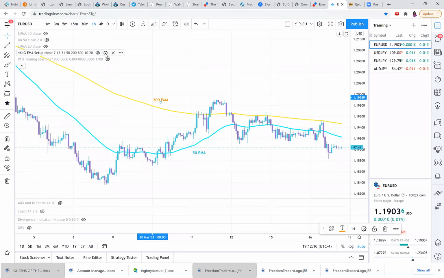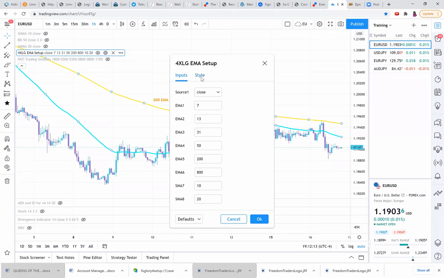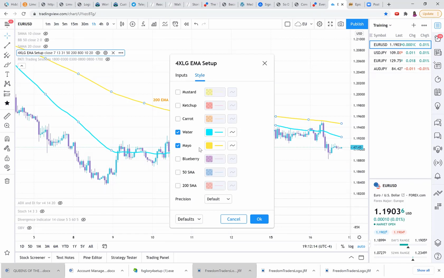And then the settings. If I go to style, you'll see that there's a possible 1, 2, 3, 4, 5, 6, 7, 8 indicators that you can show. We're only going to choose the 50 and the 200. They have nicknames. The 50 EMA is known as the water.